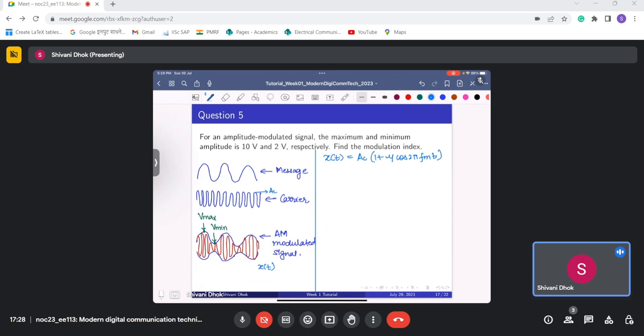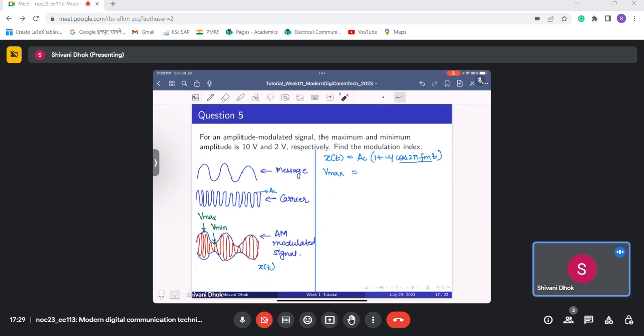Okay, now let's say Vmax. When will we get Vmax? When this cos 2 pi fm t takes the maximum value of 1, that is at this location.